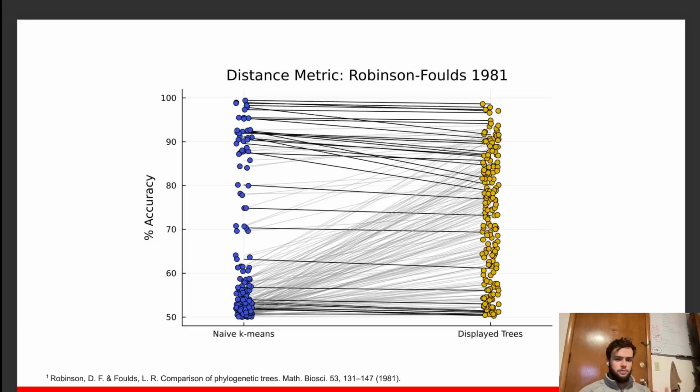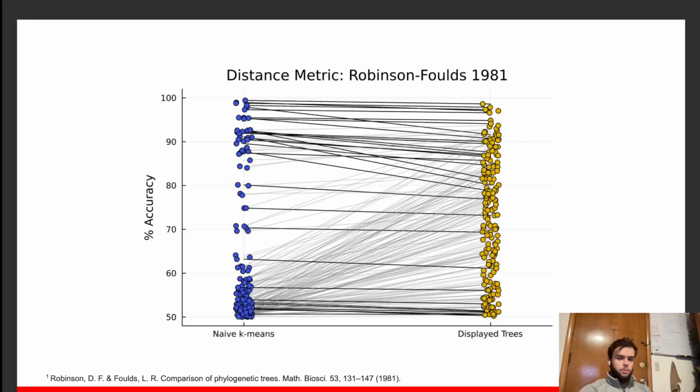So the reason for this gap is actually because points are being heavily concentrated towards 50% for naive k-means, because each network only had one run of the algorithm, and it turns out that naive k-means, when run like this, is very sensitive to the algorithm's initialization, to where the centroids are initialized.